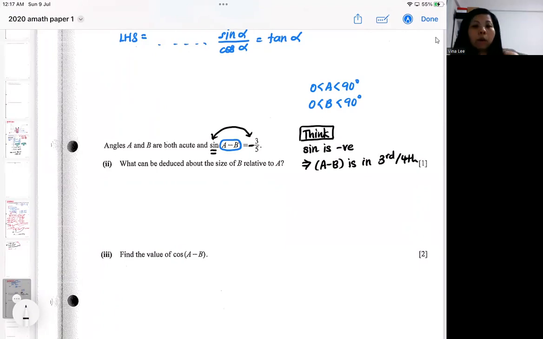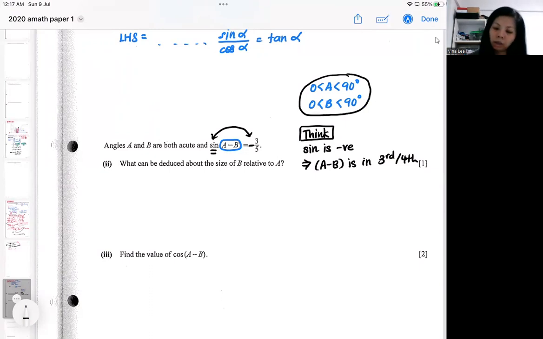So there can be 2 possibilities for A minus B, 3rd or 4th quadrant. But if it's a 3rd quadrant, you find that it will exceed the range. So if you think about the 2 numbers being acute angles, the only way is it can be in the 4th quadrant.